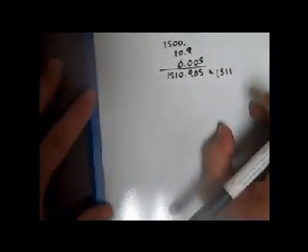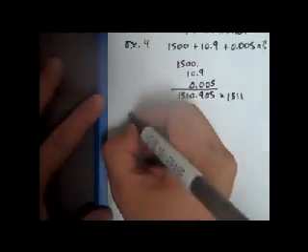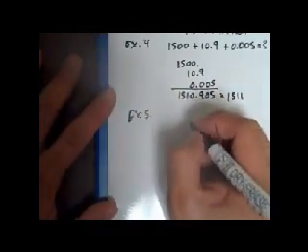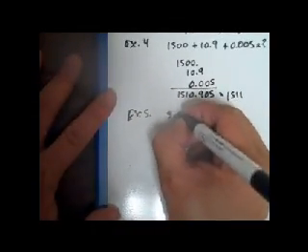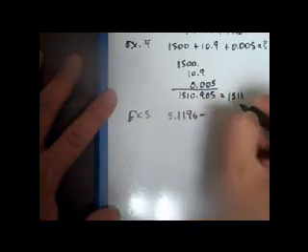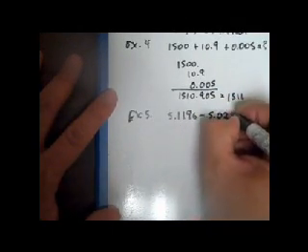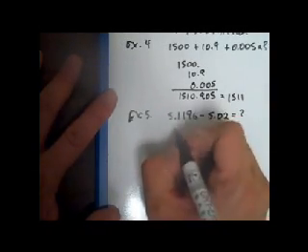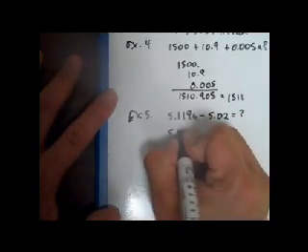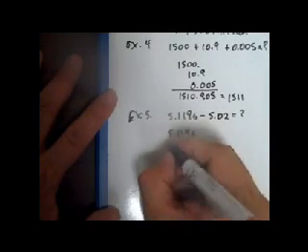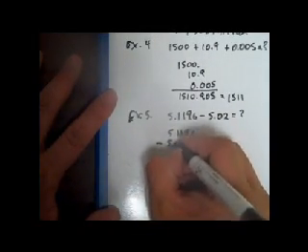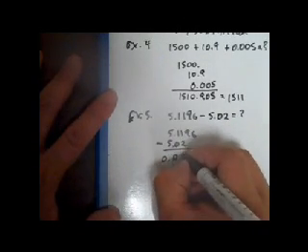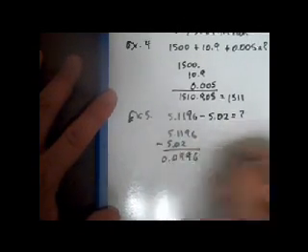Okay, let's do a subtraction problem. 5.1196 minus 5.02, that's equal to what? If we do this, 0.0996.